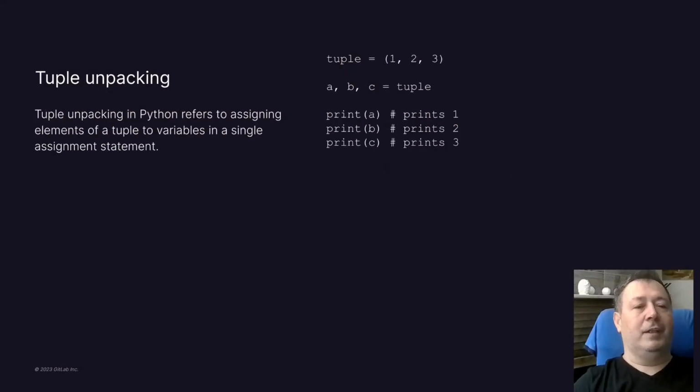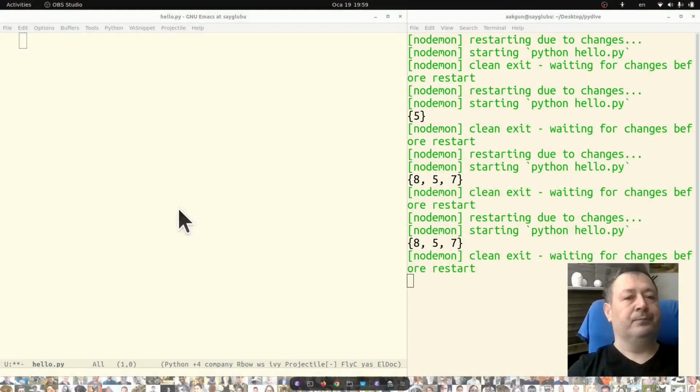So tuples in Python can be created using that notation, regular parentheses, 1, 2, 3. And then you can actually get the values out of the tuple and then print them. Let's give it a try.